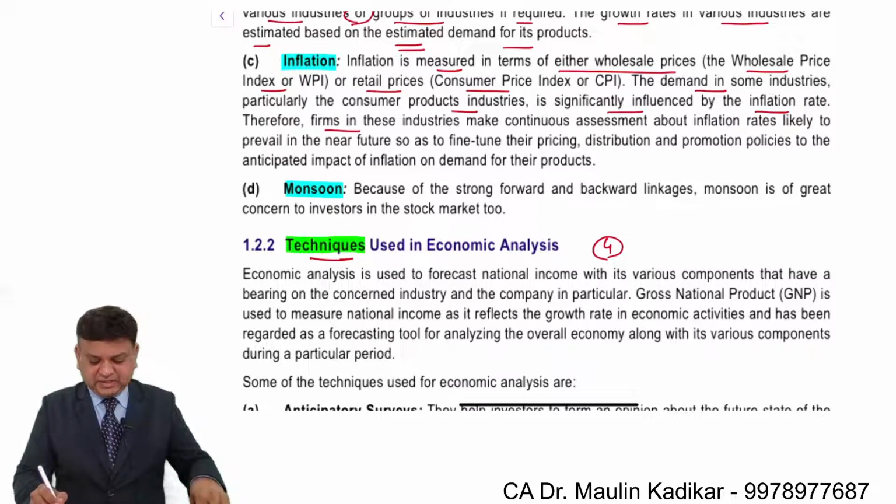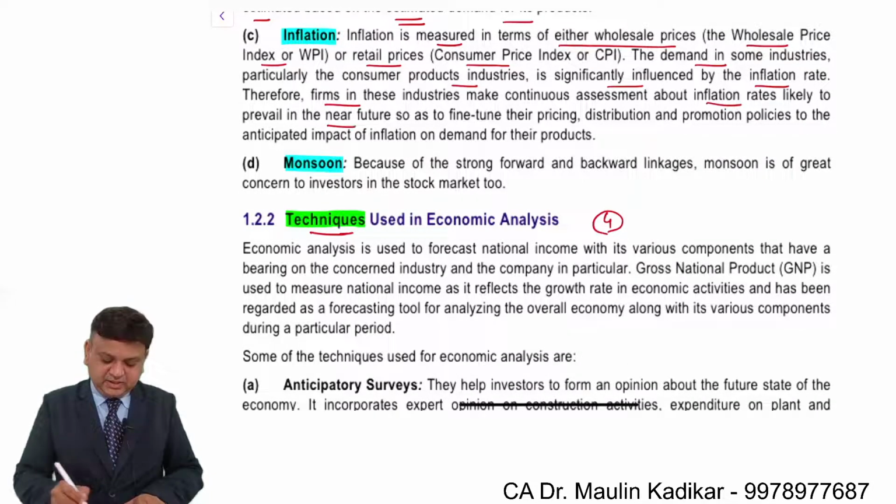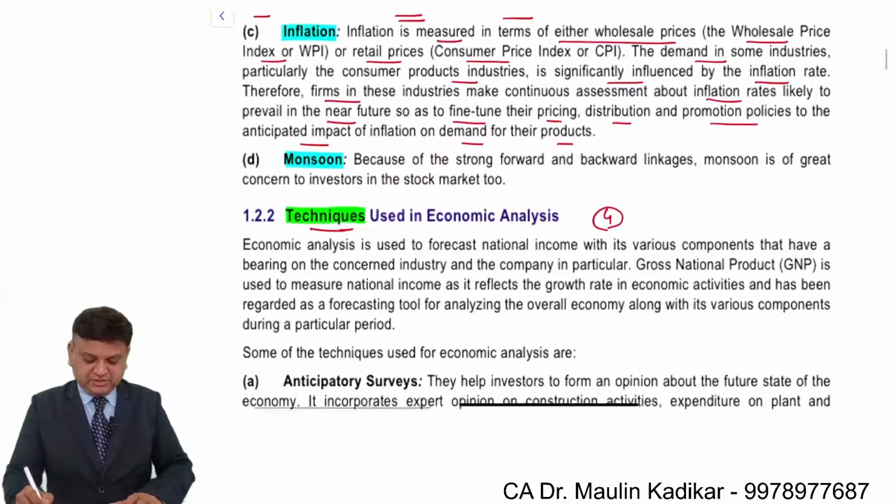Therefore, the firms in industries make a continuous assessment about the inflation rate likely to prevail in the near future so as to fine tune their pricing, distribution, promotion policies to the anticipated impact of the inflation on demand for their products.